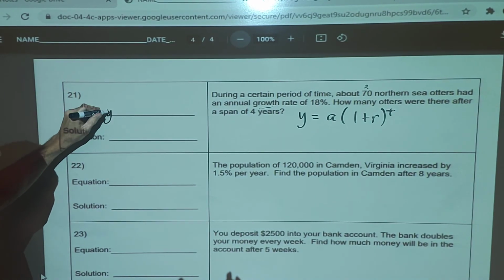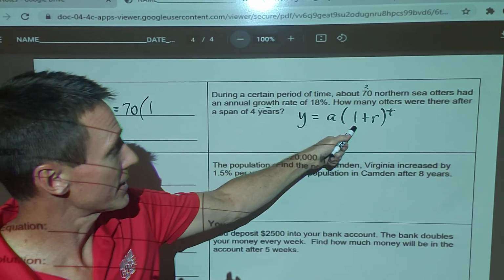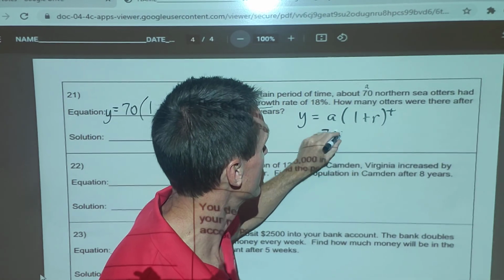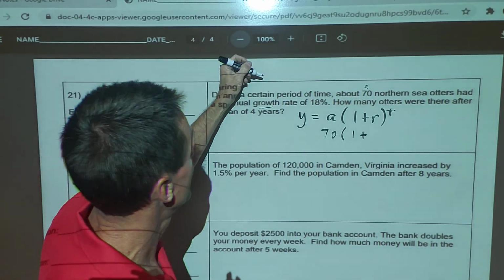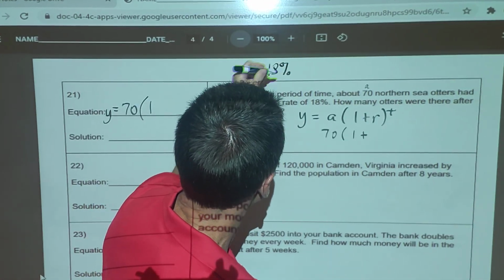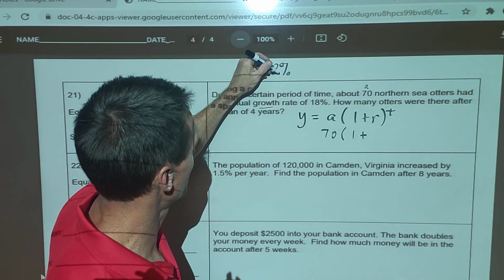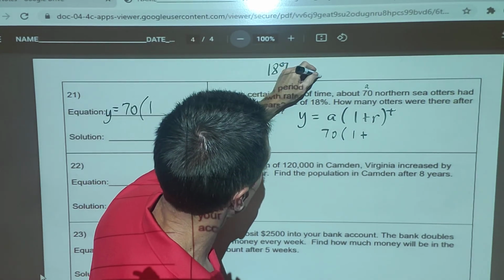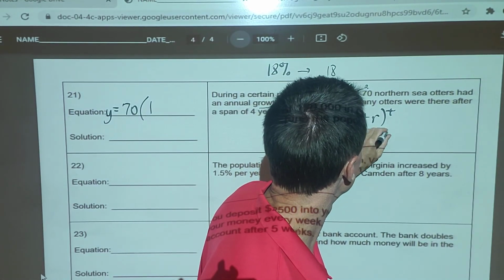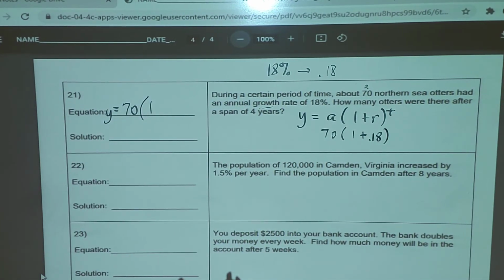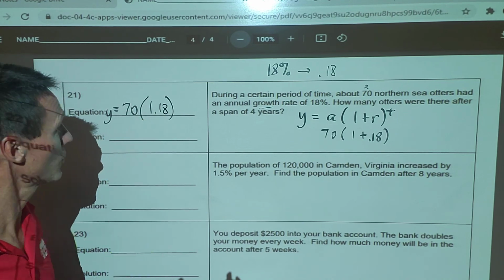So y equals our initial amount times 1 plus the rate. I'll fill this in right here. 1 plus, now our rate, 18%. If I take 18 and divide that by 100, it's going to move my decimal two places, which would leave me 0.18. So we could put 1 plus 0.18 or simplify that to 1.18.